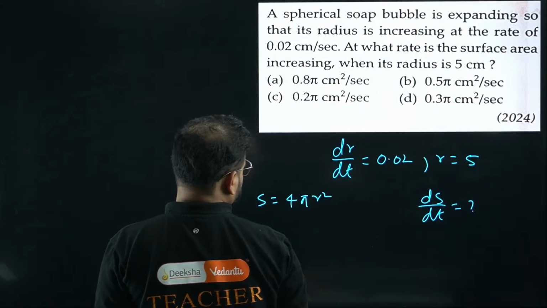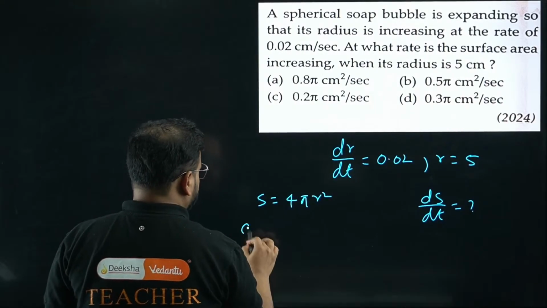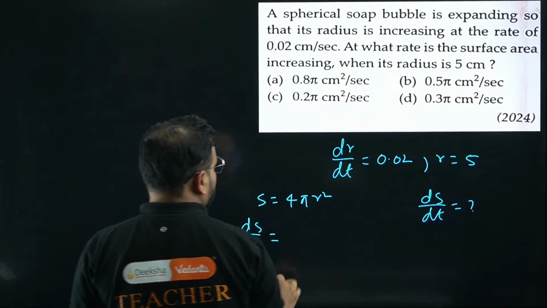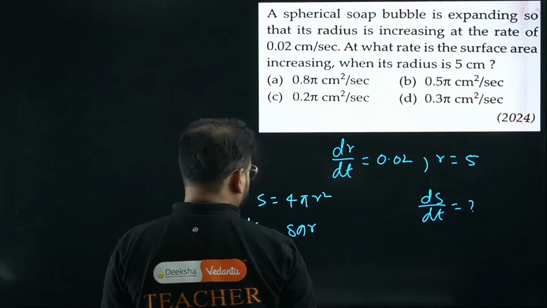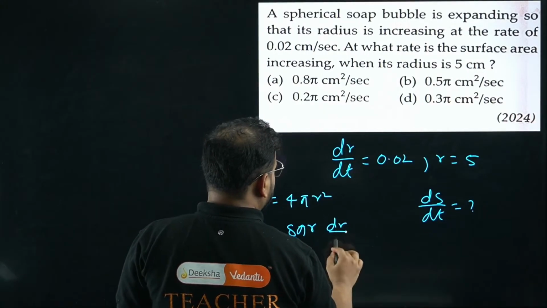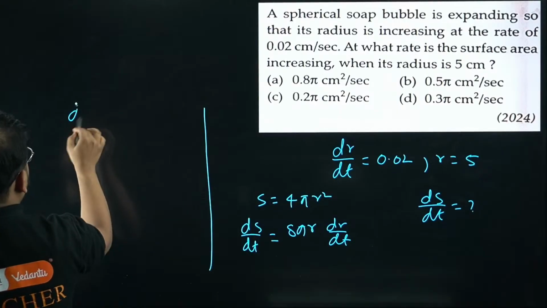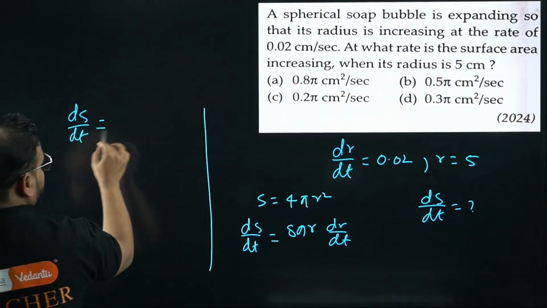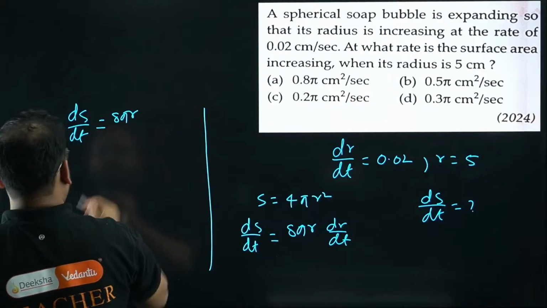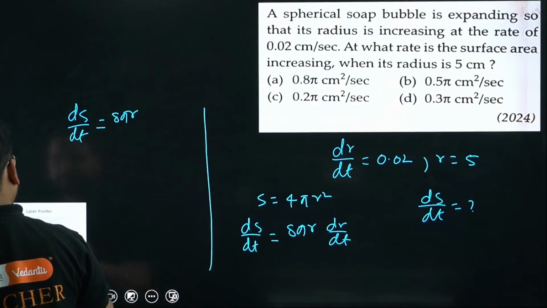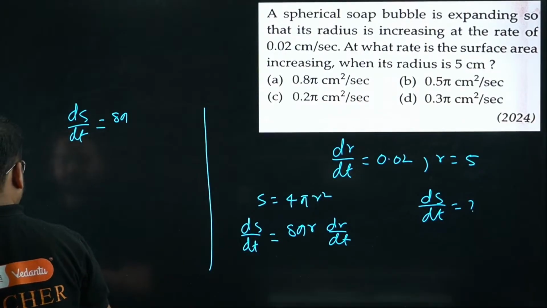Please check. I'll have ds by dt as 8 pi r times dr by dt. So I'll end up with 8 pi r. I have the r value, right?